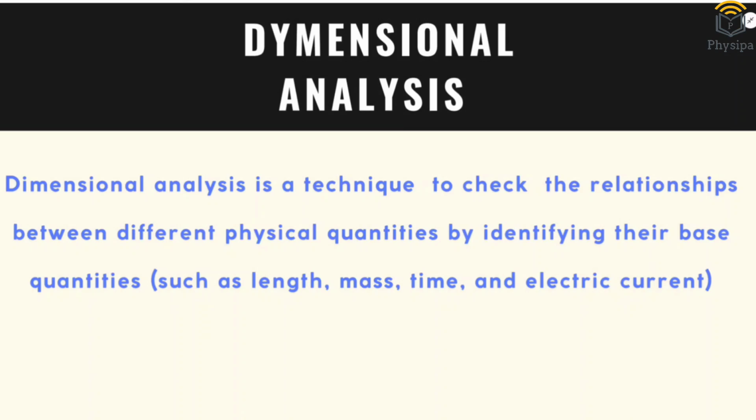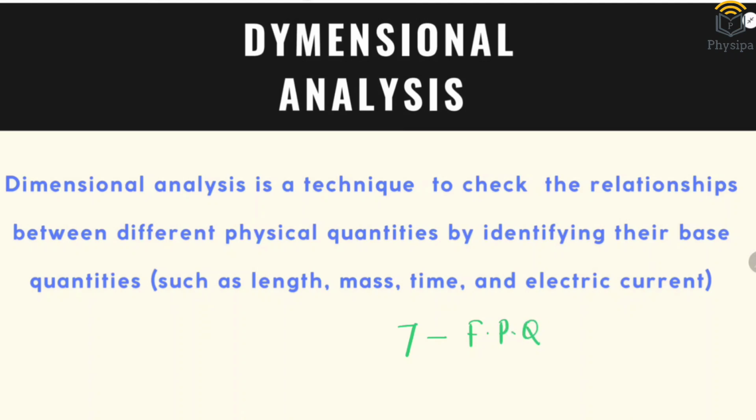Dimensional analysis is a technique to check the relationships between different physical quantities by identifying their base quantities such as length, mass, time and electric current. We know that we have 7 basic or fundamental physical quantities.